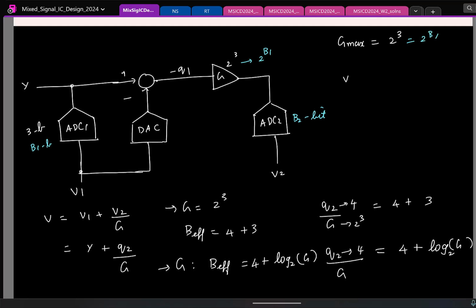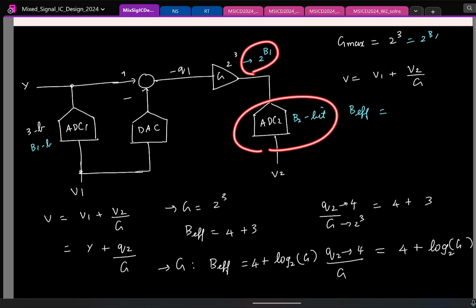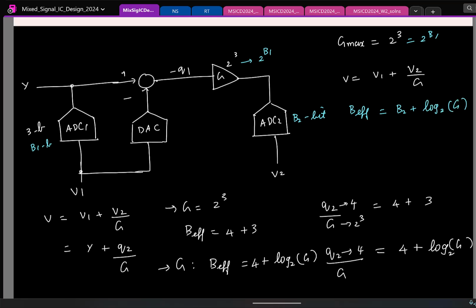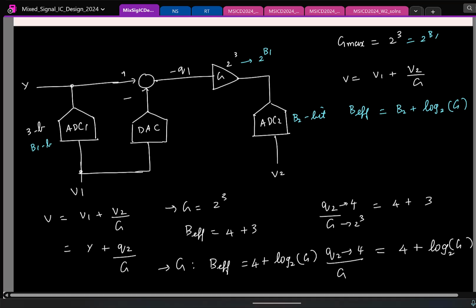And as usual, I combine the output as V1 plus V2 by the gain G. And what is the effective resolution I get in that case? Now can you check carefully? Remember that it is Q2 by G, so it is the second ADC and the gain here. So it is B2 plus log to the base 2 of G.